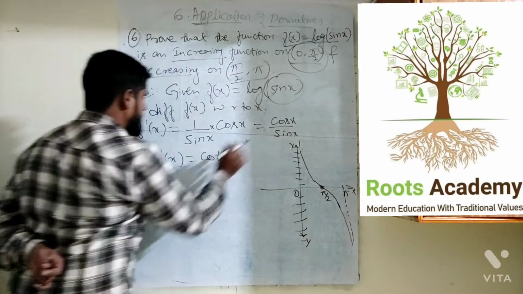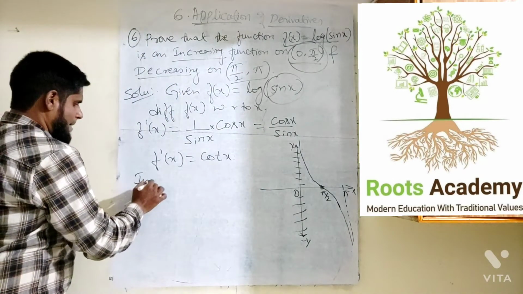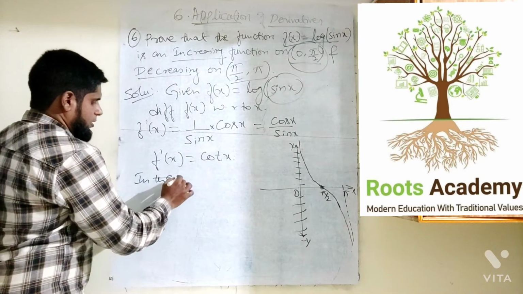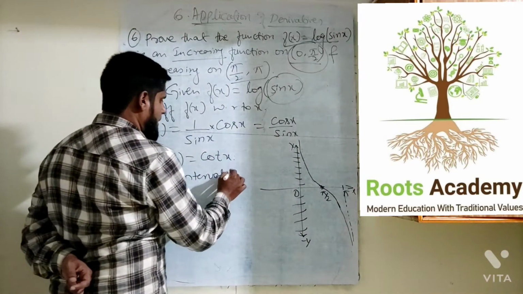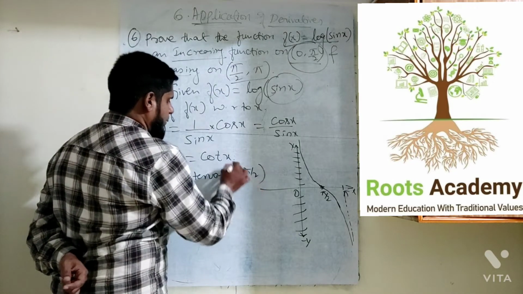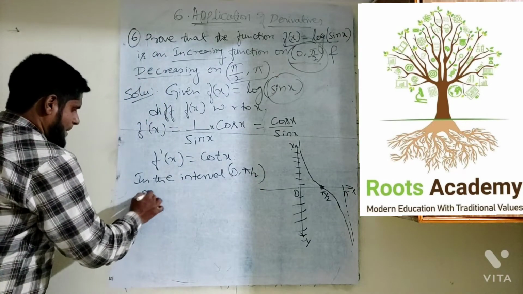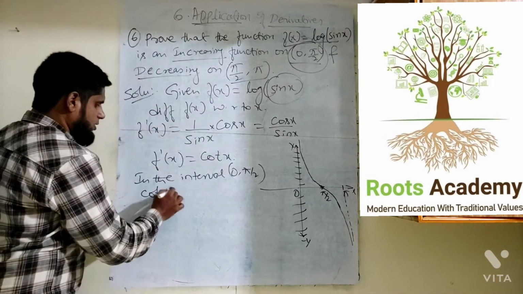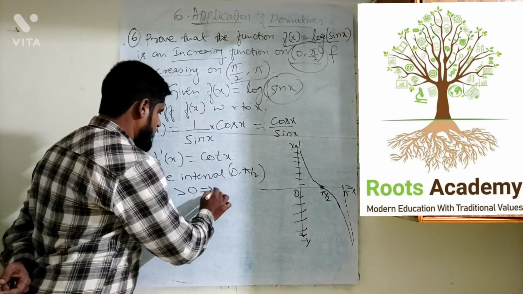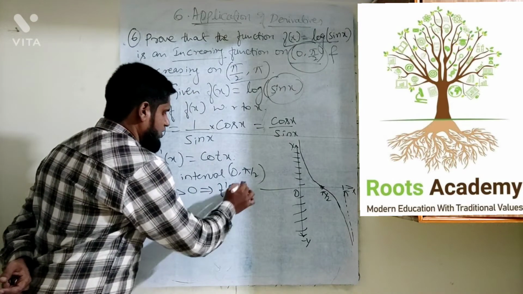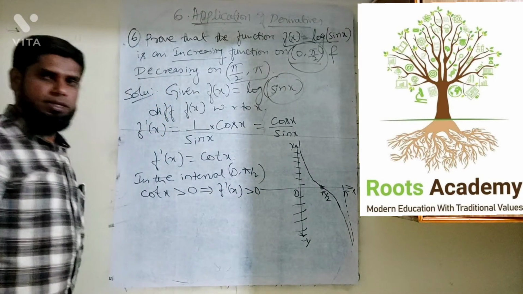So I can write the conclusion that in the interval 0, pi by 2, cot x is greater than 0. That means cot x here is f dash of x, and that is greater than 0.